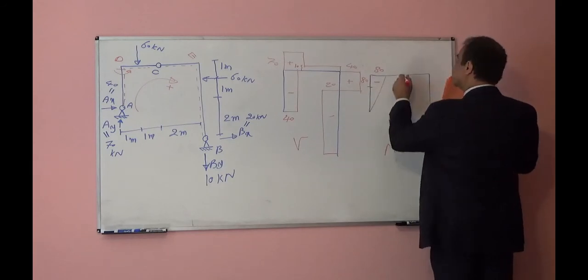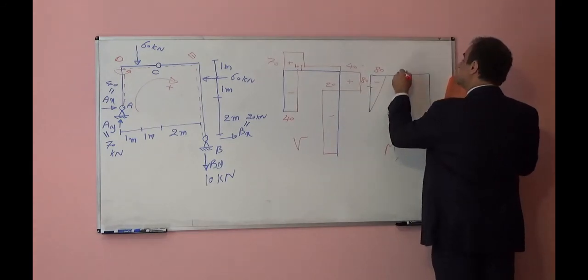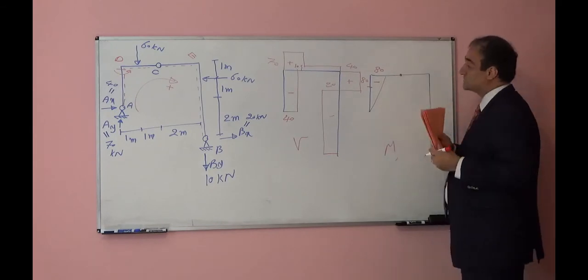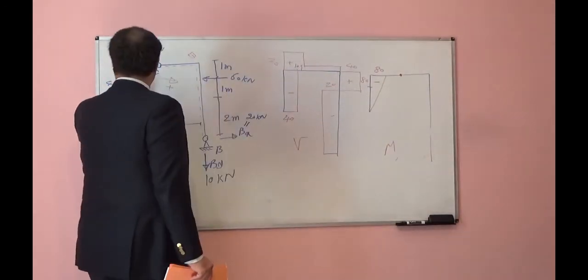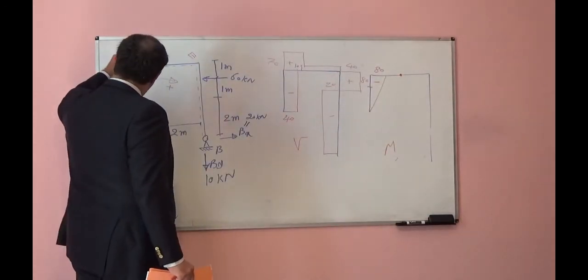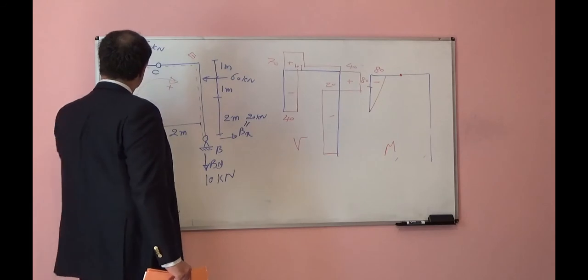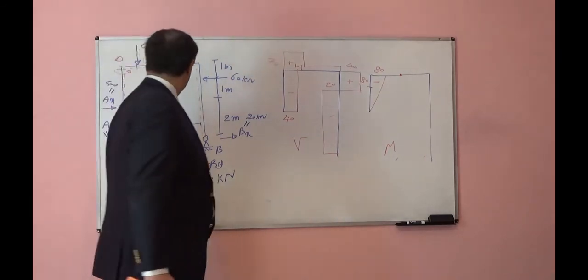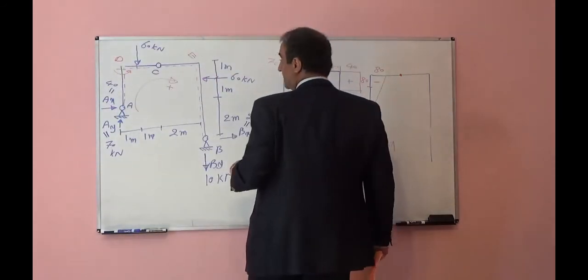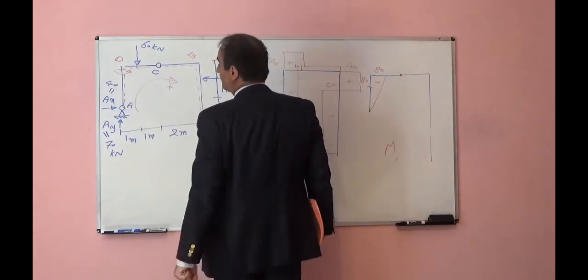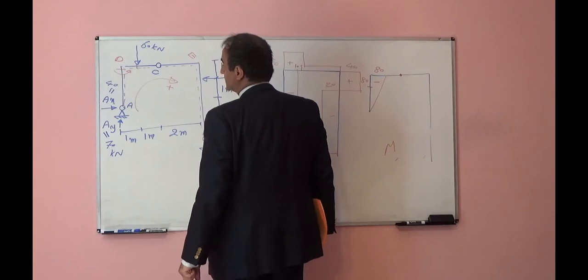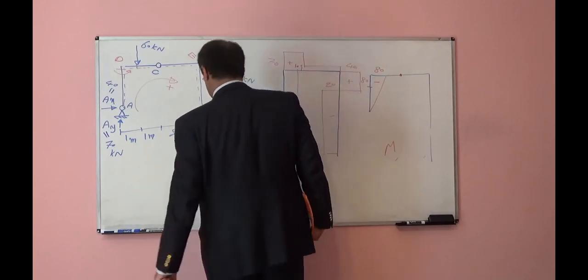Then at point C, because it is a hinge, it should be 0, so it should come to 0. But let's see how much it is just before this load. Just before that load, the moment will be equal to 70 times 1 minus 40 times 2.